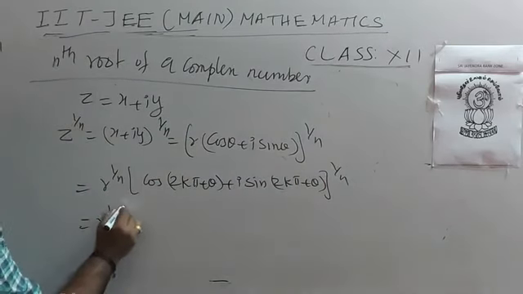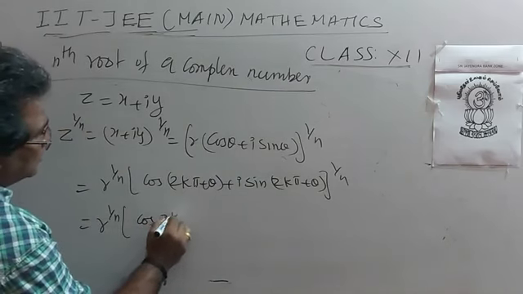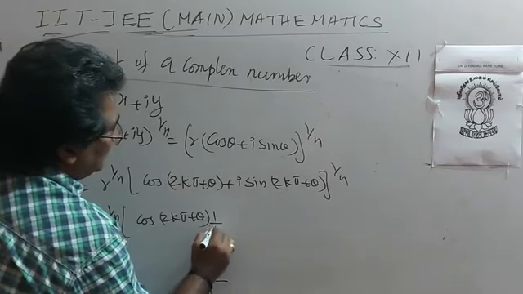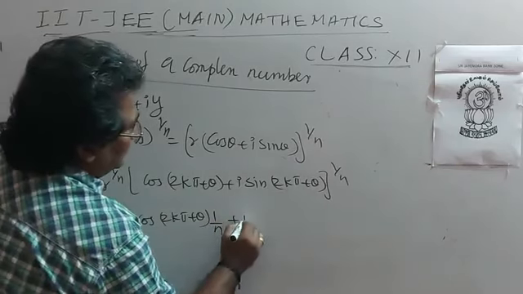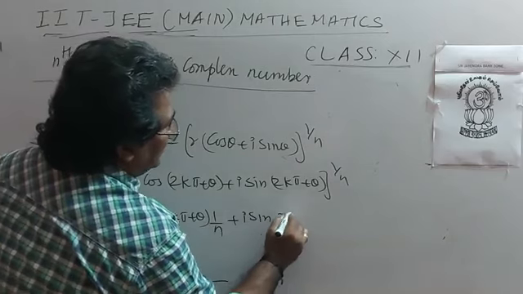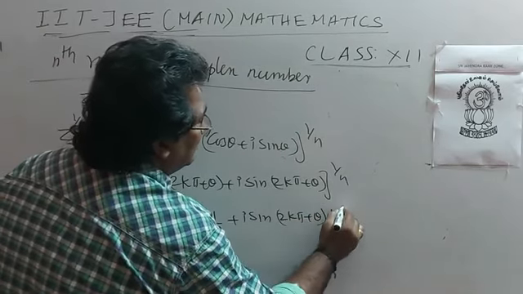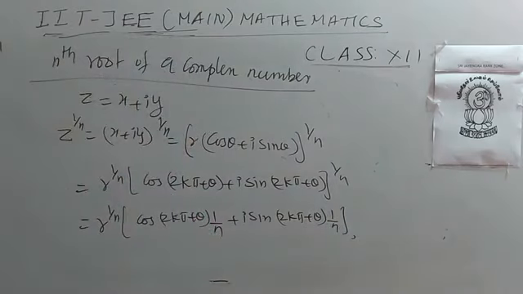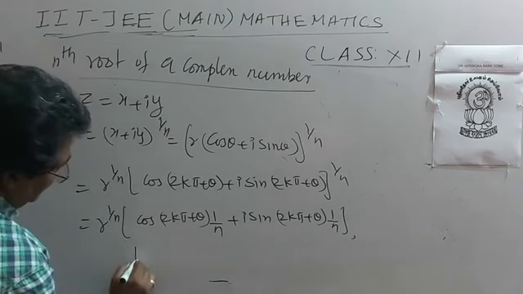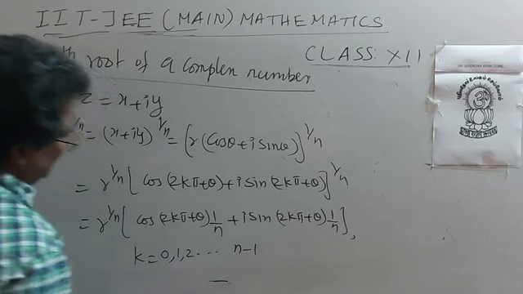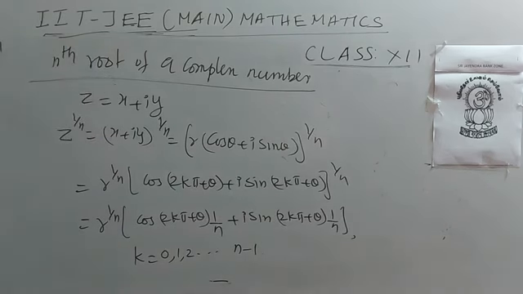That is r power 1 by n cos (2k pi plus theta) into 1 by n plus i sin (2k pi plus theta) into 1 by n, k equals 0, 1, 2 up to n minus 1. Totally we will have n roots.